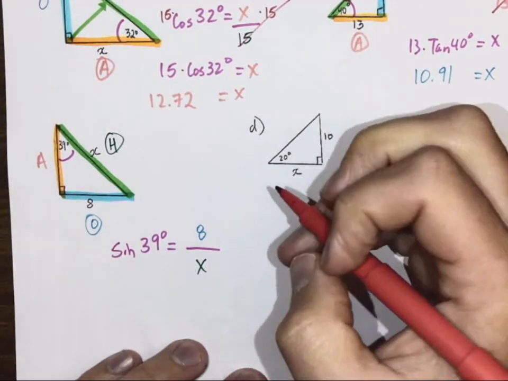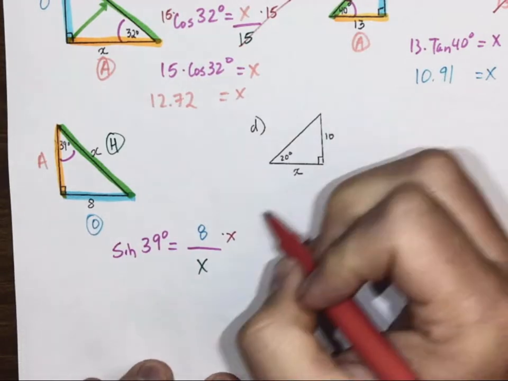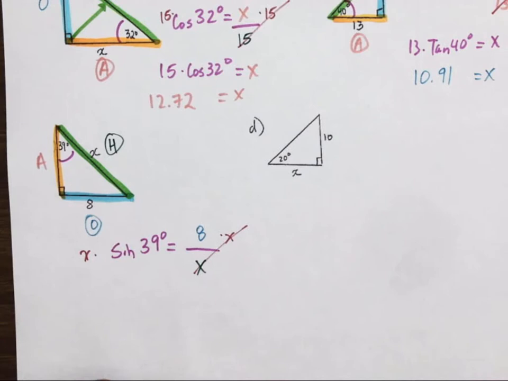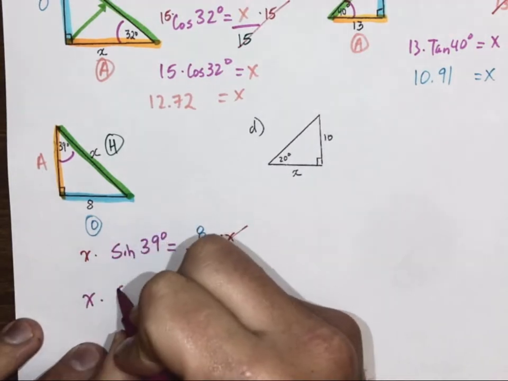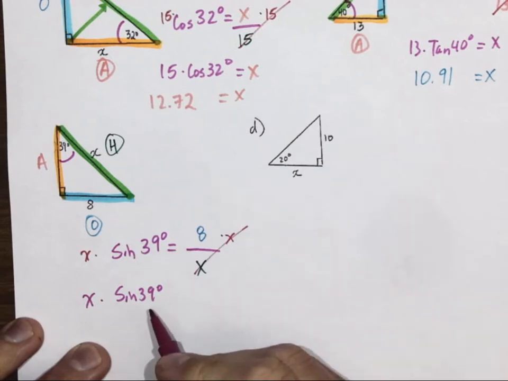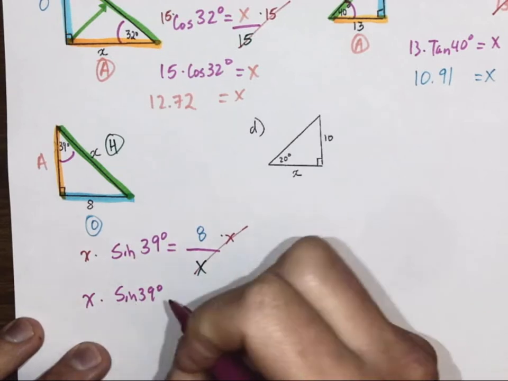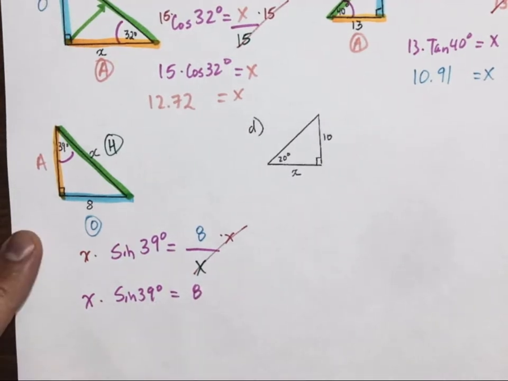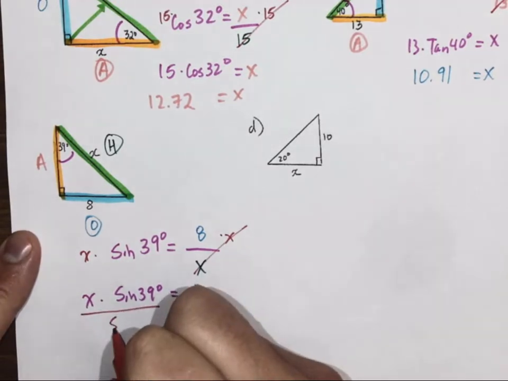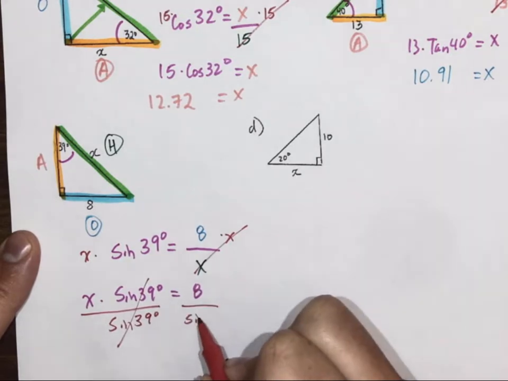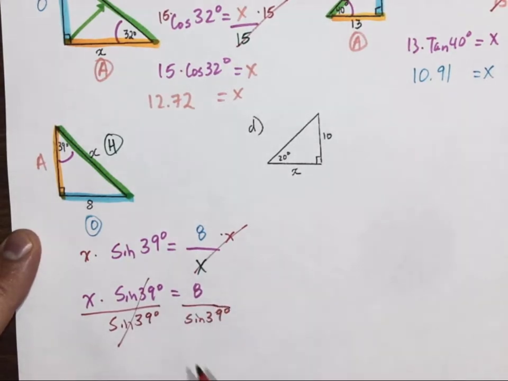We're going to do the whole equation. So let's just consider for a second. If we multiply the right side by x, we should multiply the left side by x. That means we have x times sine 39 degrees, which is just a number. Pretend it was 4, so we have x times 4, or 4x equals 8. So x times sine 39 equals 8. So the next thing we're going to do is divide by that number to isolate our variable, which means on the right we're going to divide by sine 39 degrees.